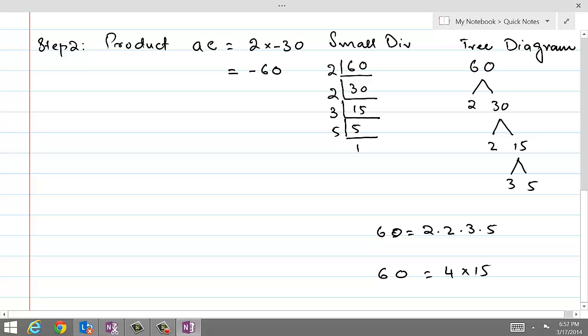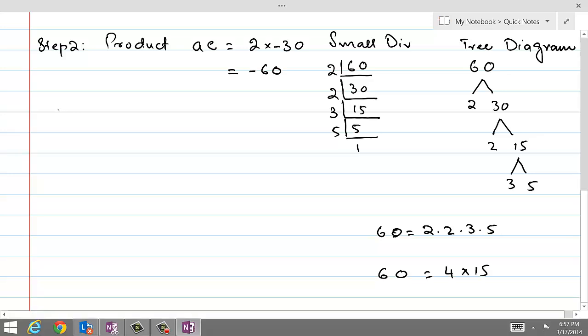You can see that 15 take away 4 gives us 11. Particularly remember this: if AC is negative, we will find only two such factors of 60 whose difference is equal to the value of b, which is 11 in this case.